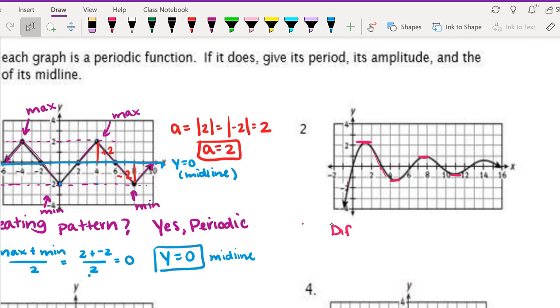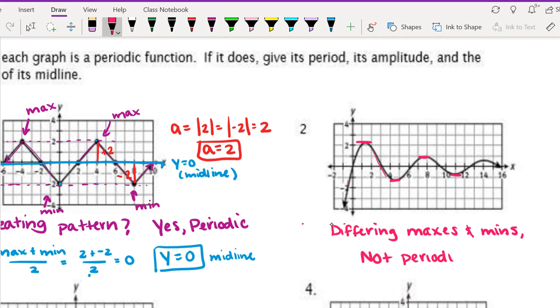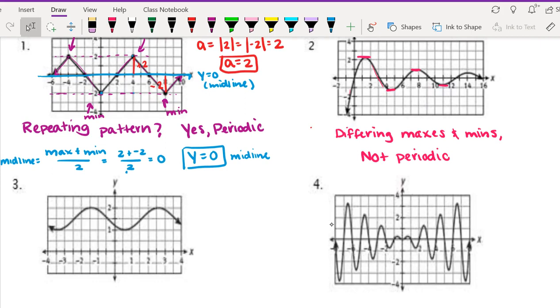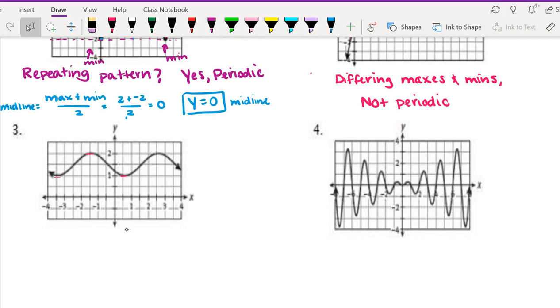So because we have differing maxes and mins, this is not periodic. The periodic function has to be the exact same repeating pattern. Okay, so if you look at number 3, we go up and down and up and down, and it has the same max and the same min. So this is periodic.